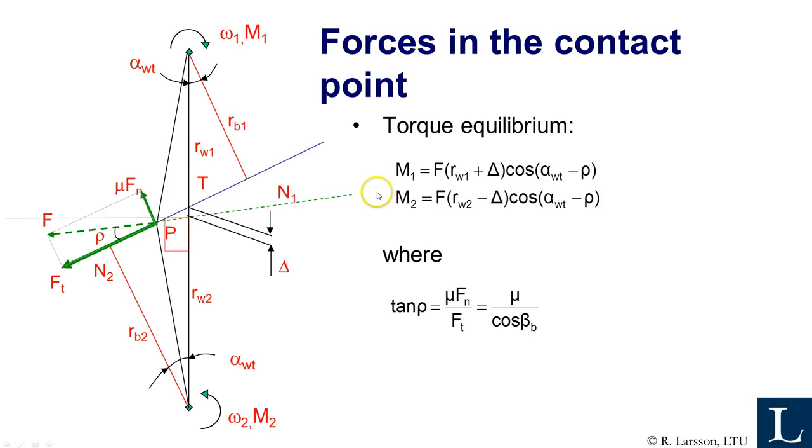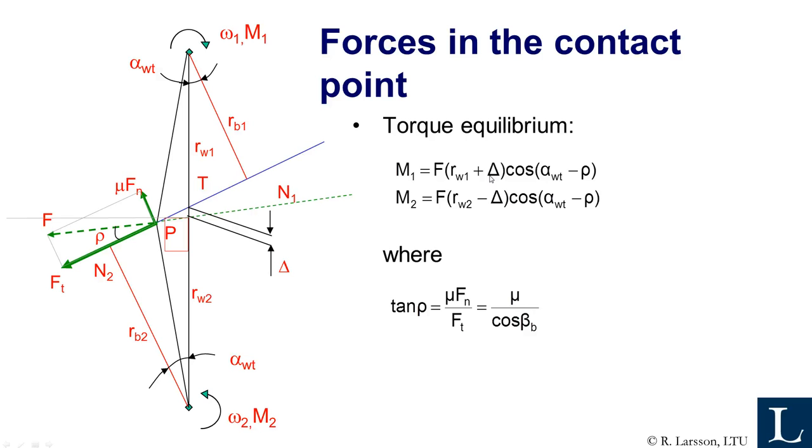So torque equilibrium, then we can set up expressions for the torque around the center of wheel 1 and around wheel 2. So the torque here will be the force F multiplied by the length of the lever here, which must be RW1 plus delta.